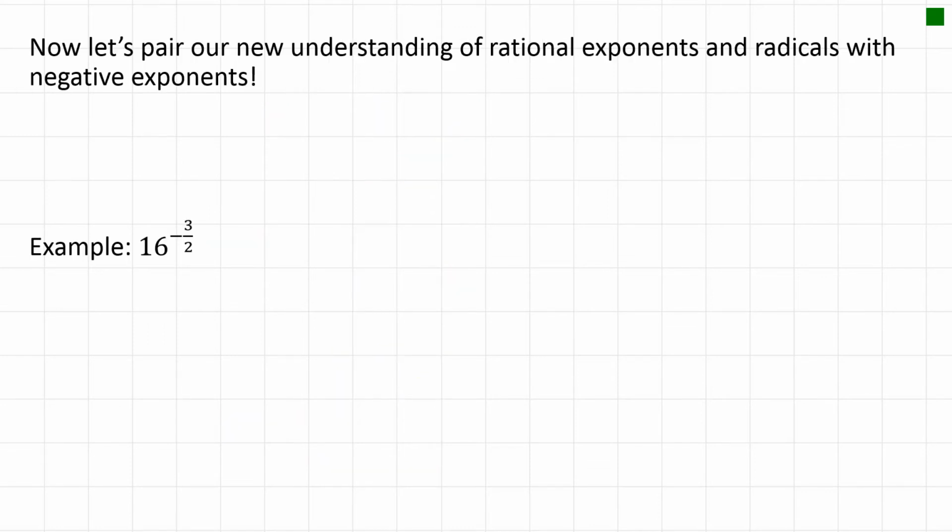Now let's pair our understanding of rational exponents and radicals with negative exponents. For that, remember that a to the power of negative n is the same as 1 over a to the n. So in this example, we have 16 to the power of negative 3 halves. We could rewrite this as 1 over 16 to the power of 3 halves.